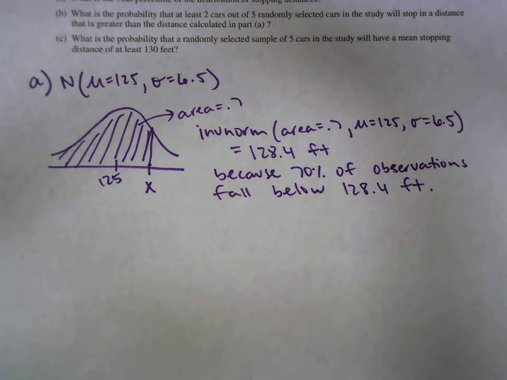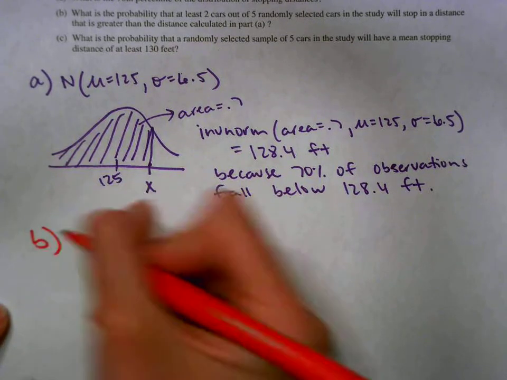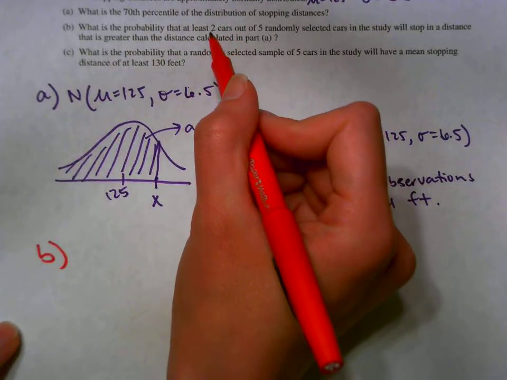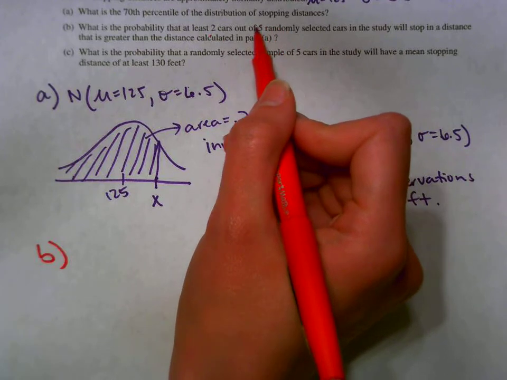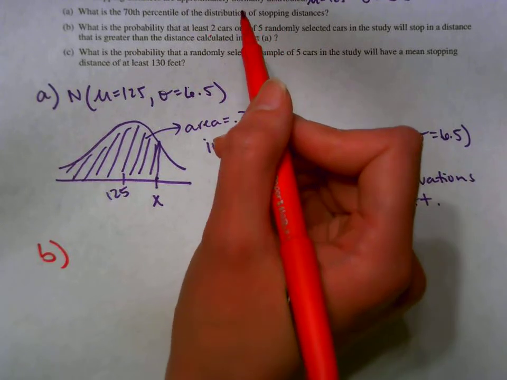Okay, so then part B says, what's the probability that at least 2 cars out of 5 will stop in a distance that is greater than the distance calculated in part A? When I read this, it's the probability of getting something out of a certain amount, and to me that rings binomial, right?